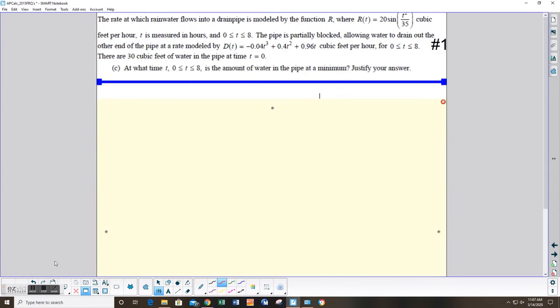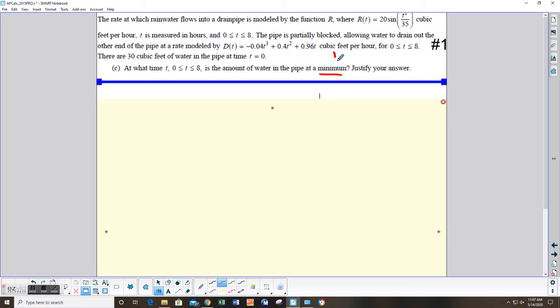As for part C, at what time from 0 to 8 is the amount of water in the pipe at a minimum? Well, this is an absolute minimum question, so right away you should be thinking candidate test. As you think of candidate test, you're going to need to find when the rate is equal to 0.